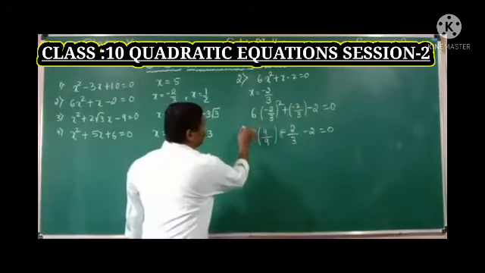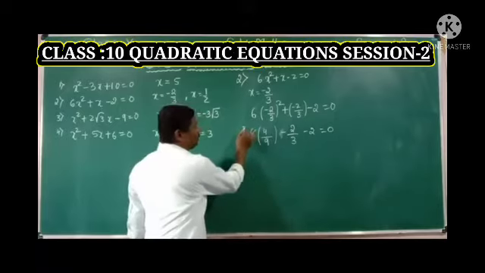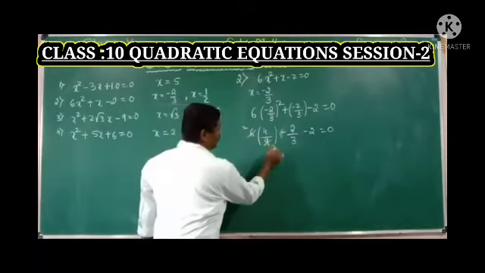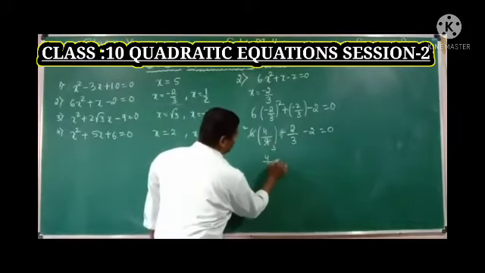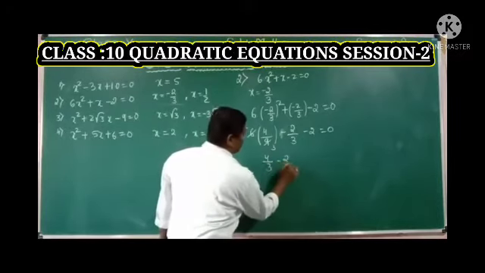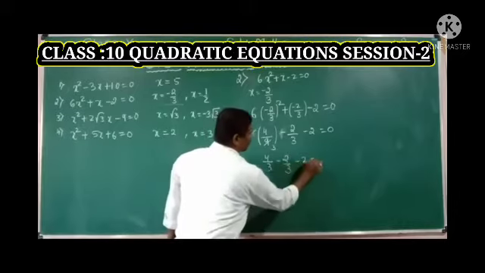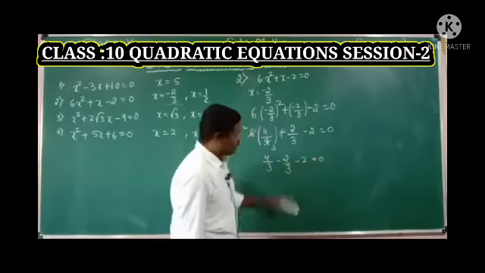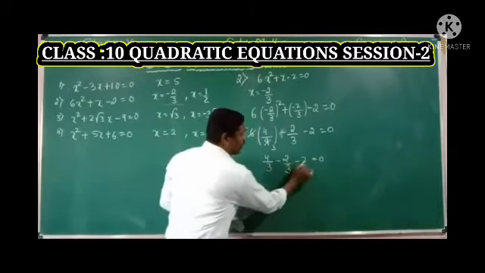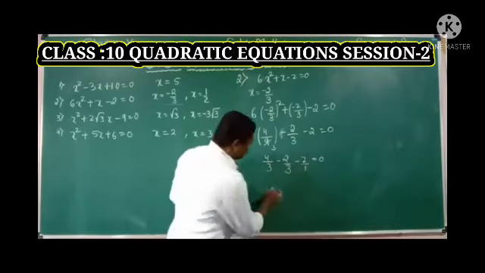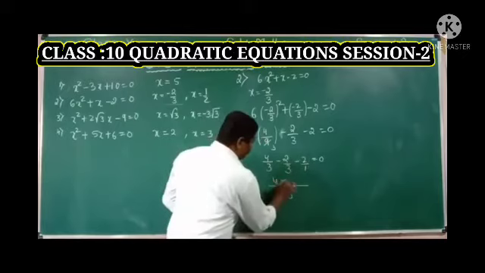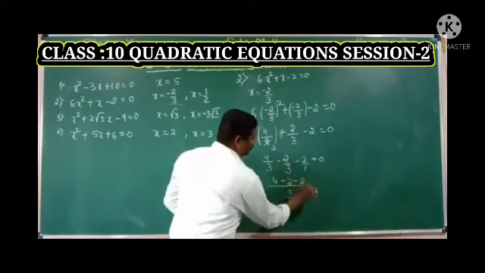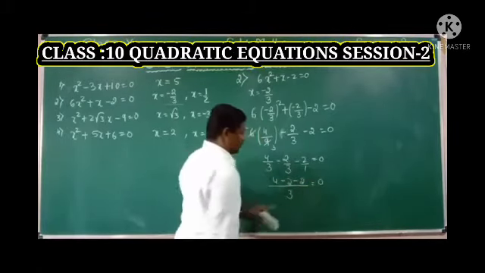Now 3 2s are 6, 3 3s are 9, so here 4 by 3. Next, the remaining terms are minus 2 by 3 minus 2, which is equal to 0. Take the LCM. What is the denominator of 2? 1. So the LCM is 3. 4 minus 2 minus 4 is equal to 0.